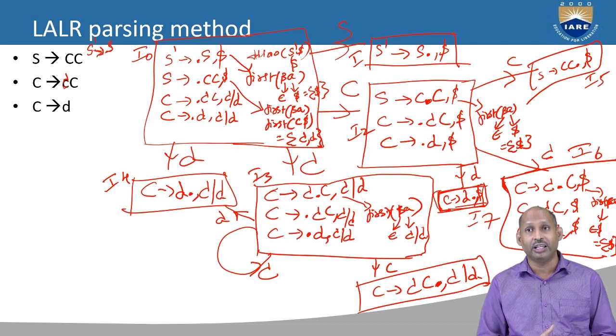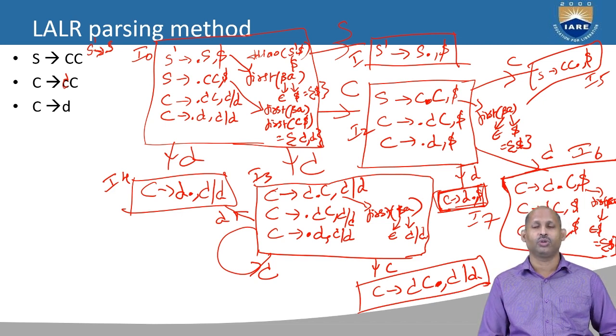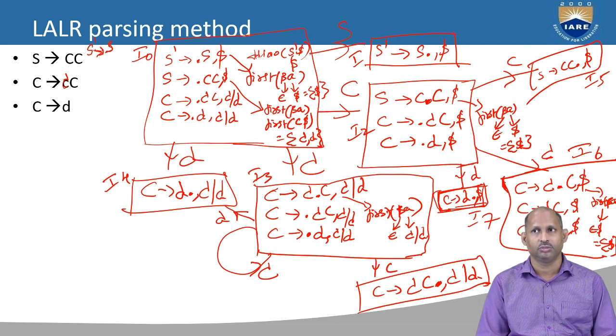So I3 on D will go to I4. Is it clear? I3 is over. I4 has dot at the end, so there are no go to operations.